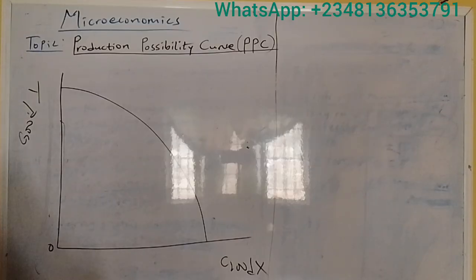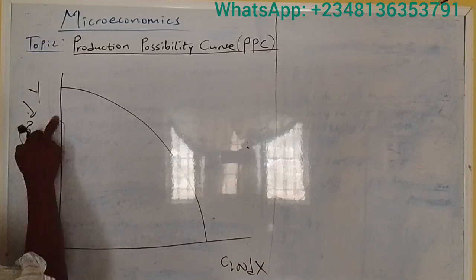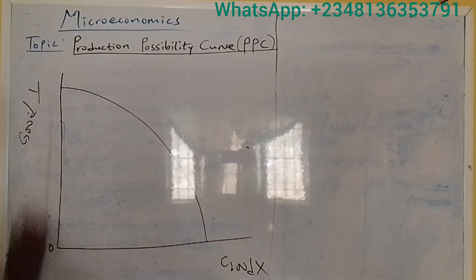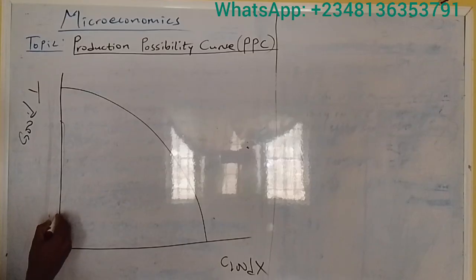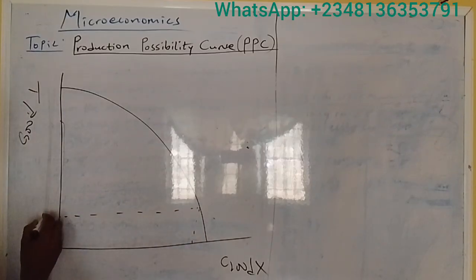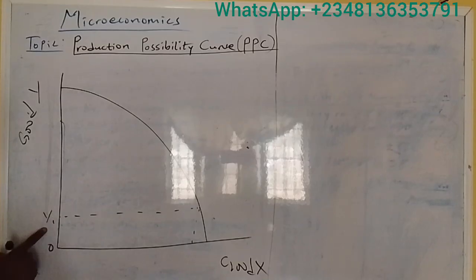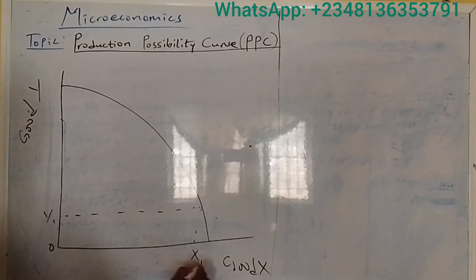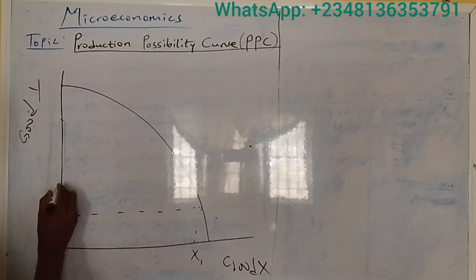So all the points you can see along this curve, the country can produce. Let's say this is Y1 and this is X1, so we have one combination there.